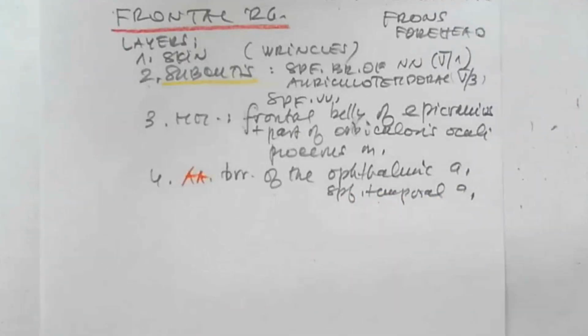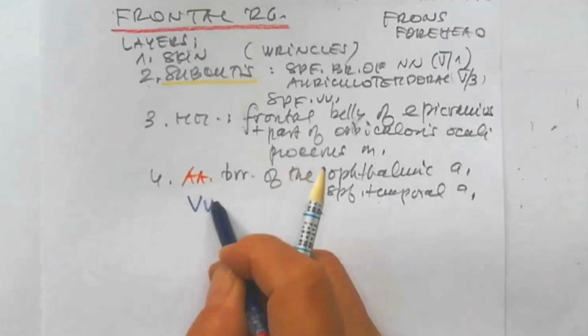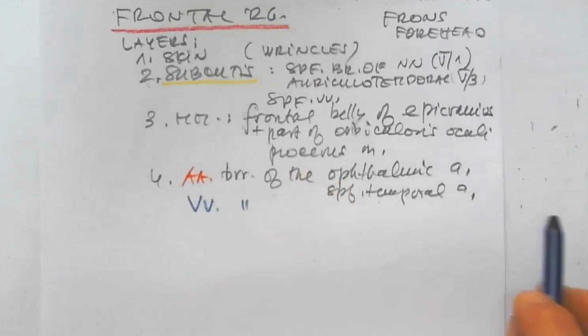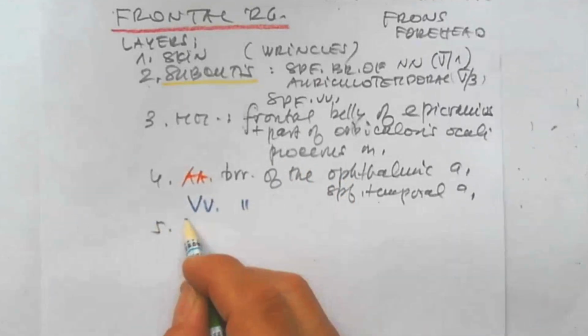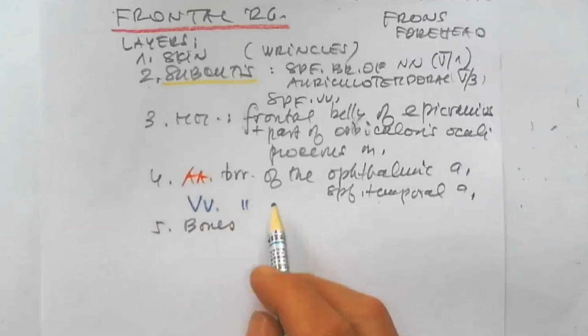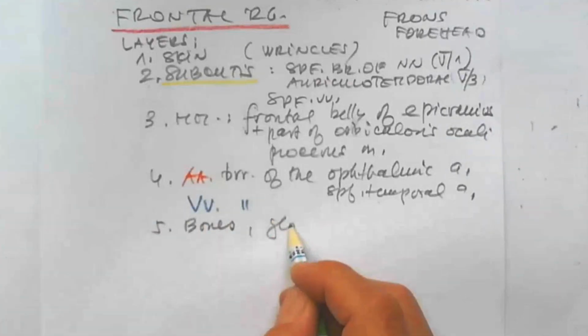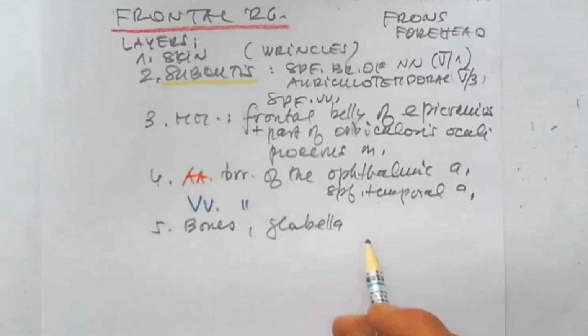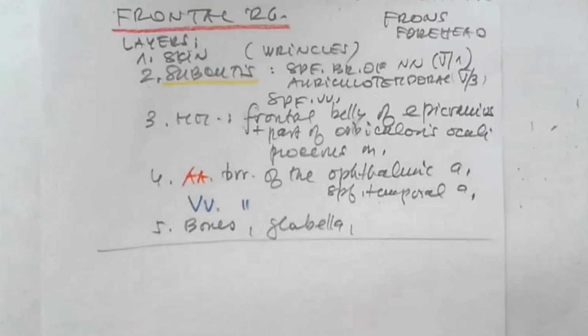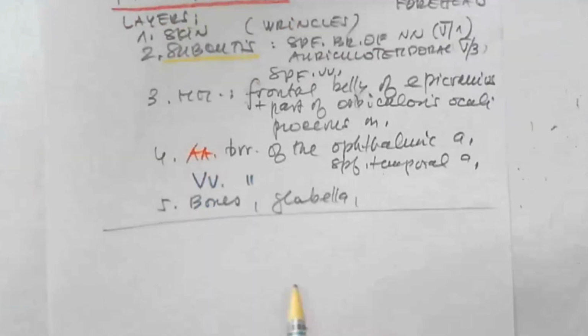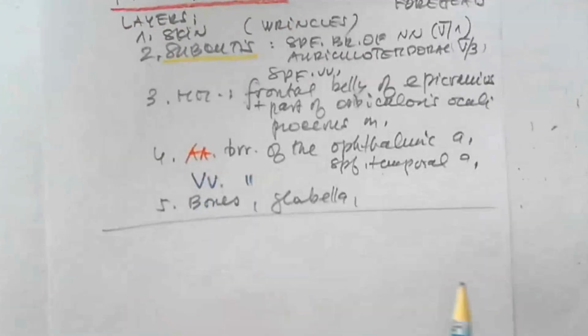That's it. Veins are absolutely the same, same veins. And number 5, bones: a small elevation is the glabella, anterior at the center of the front, and tubera frontalia, etc. Nothing else. It doesn't need any extra diagram or special comments.